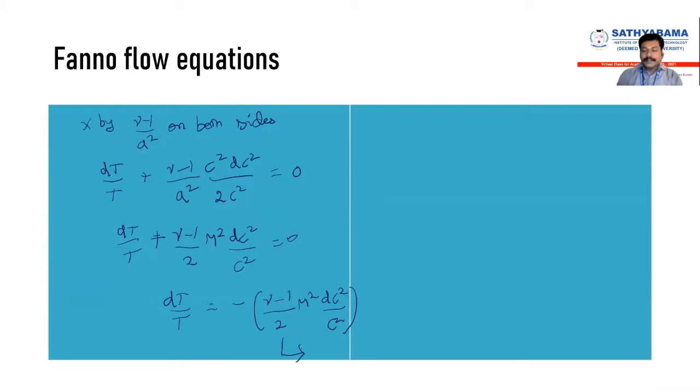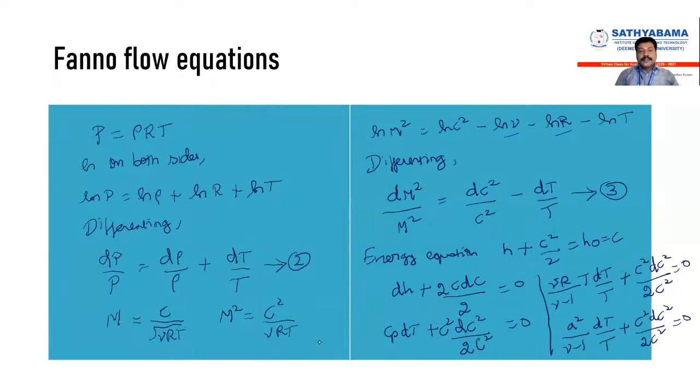Okay, so this is your dT by T equation, and let me treat this equation as equation number 4. Now what I am going to do is find all the variations of parameters, that is the differential equations of temperature, density, velocity and pressure.